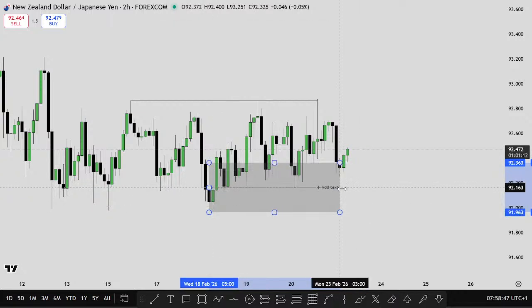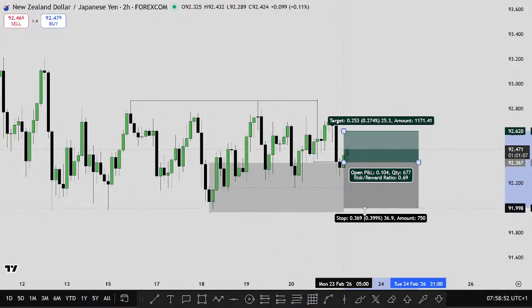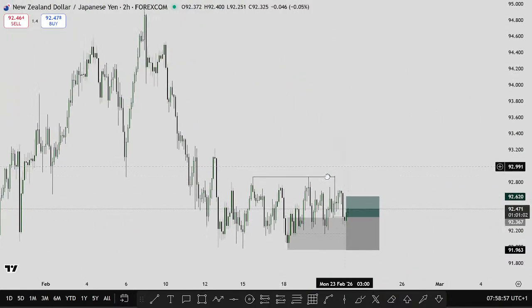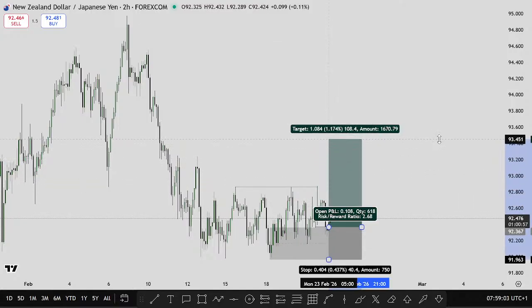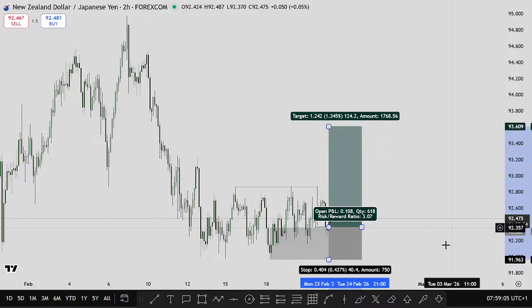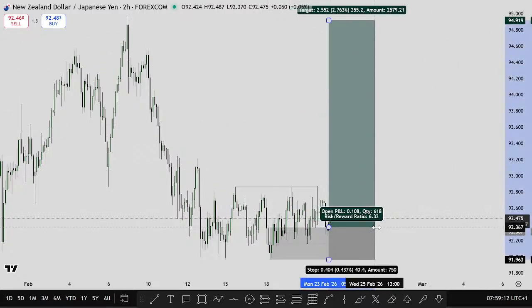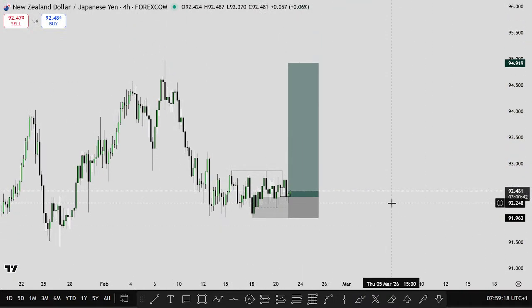So it just means that price is rejecting from that zone. I could take this trade like this, because the target is far away, but I'm not going to do that. The target is the external high, far away. So if you want to join me and take this trade, you can just join me.